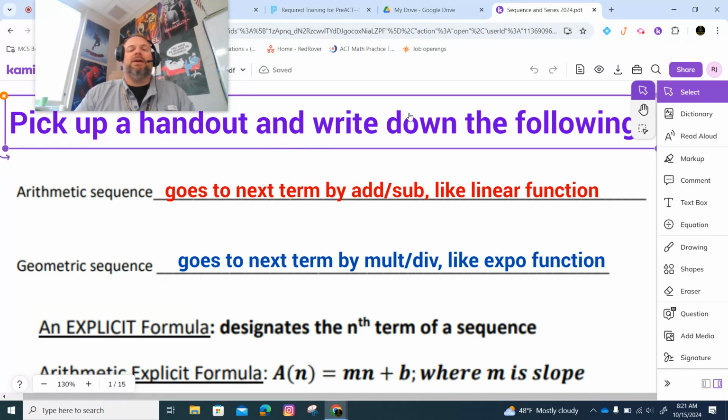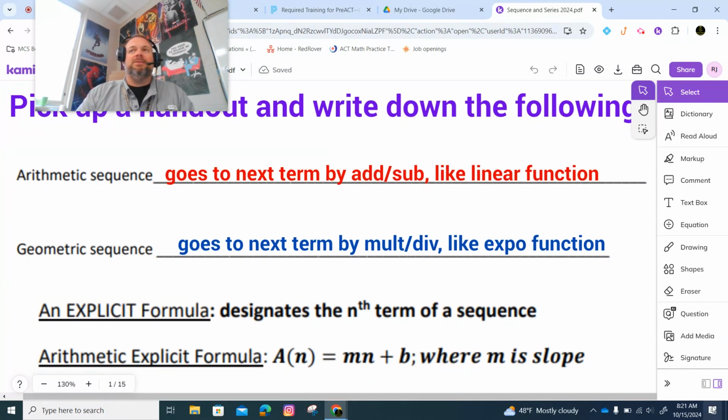Okay, arithmetic. It's pronounced arithmetic. I cannot keep you from saying arithmetic, even though it looks like it says arithmetic.